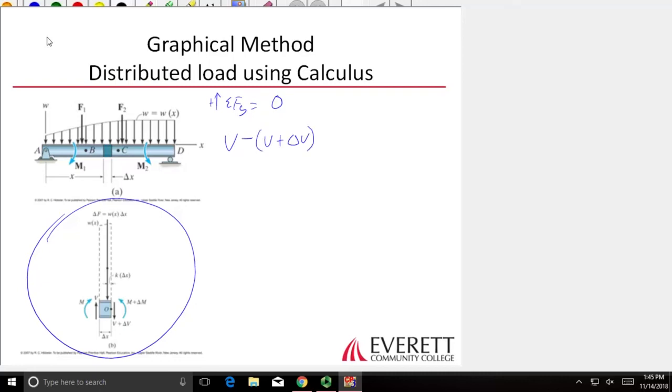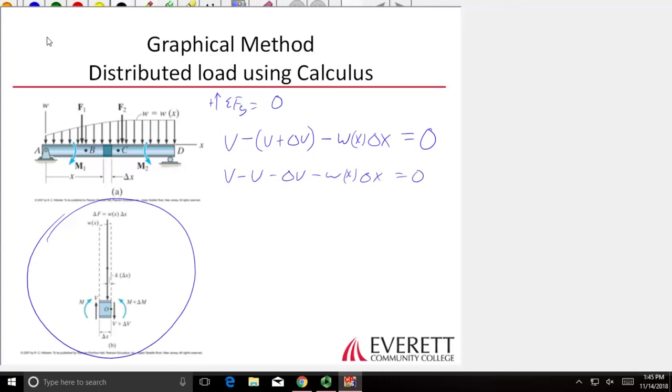And then I have to add the force on top, the distributed load that we turned into a point load. That is going to be pointing down, so it's negative. And the magnitude of it is the height times the base. Okay, once I have that, all I have to do is some algebra. I'm going to put that negative sign inside, and we get shear minus delta shear minus w(x) delta x equals 0.